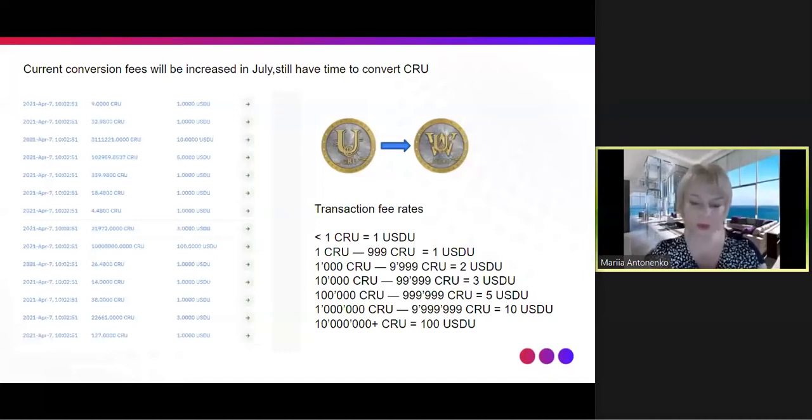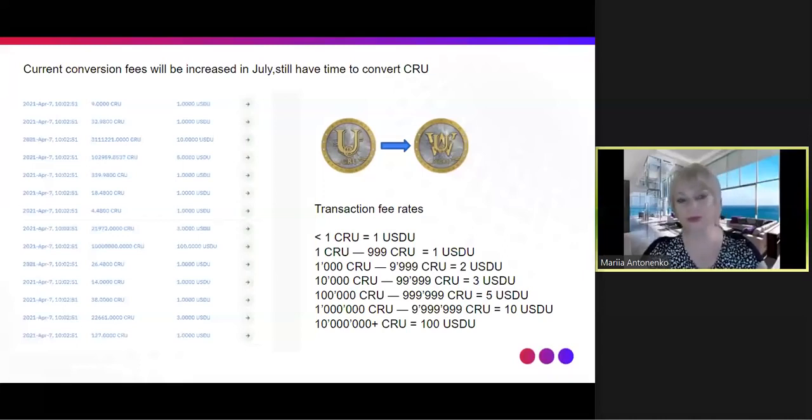But if you see what commission we will have to pay in future for the conversion of CRUs into WCRUs, I think even $100 for 10,000 CRUs will seem quite fair to you, because in the future the conversion fee will be equal to the difference between the current CRU price on the exchange and the current WCRU price in the UGPay group.